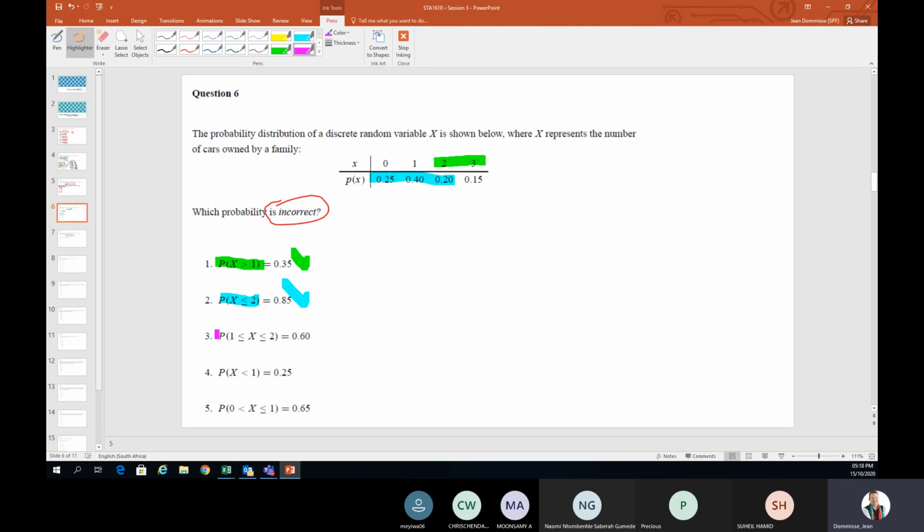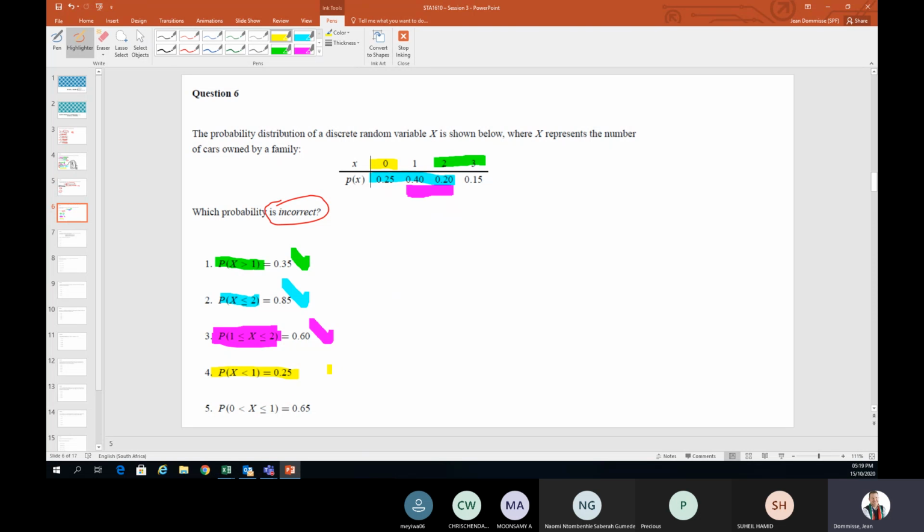Okay, so let's look at the next one. Bigger or equal to 1 and smaller or equal to 2. So basically it is 1 and 2. So it is 0.6. So that one is also correct. I'm running out of colors. Smaller than 1. Smaller than 1 is only that.